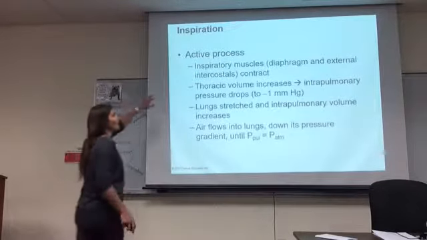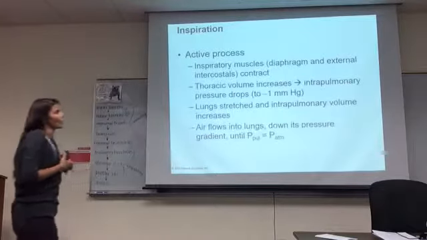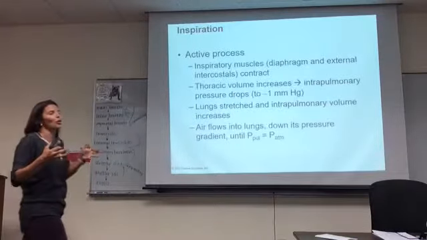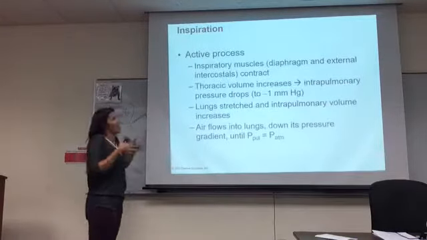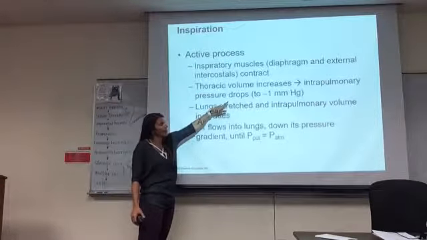So it mentions here, the diaphragmatic muscle has to contract, and the external intercostal muscles have to contract in order to allow your thoracic cage to increase. The volume inside your thoracic cavity increases.